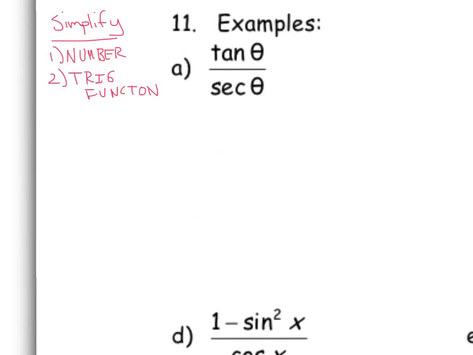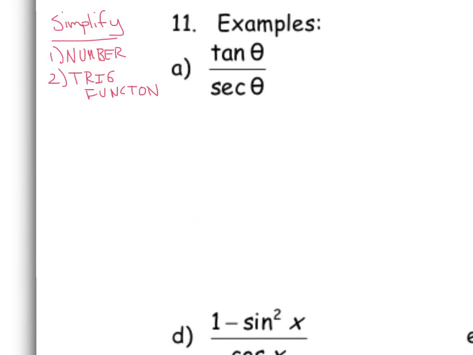So number 11, here's what I want you to do. I want you to rewrite tangent of theta and secant of theta in terms of sine and cosine, and then I want you to divide the fractions, and I want you to see what cancels, and I want you to write down what it simplifies to. Go ahead and pause the video and do that now.